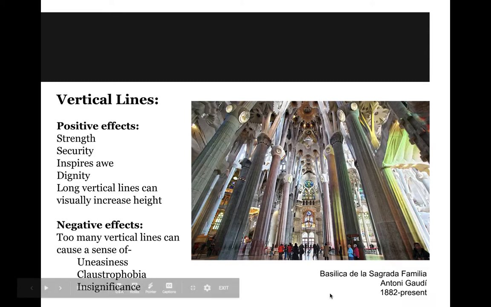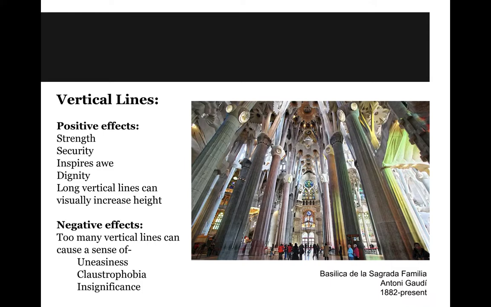All right, your third type of line. Vertical lines. So we have these really strong vertical columns here going up in the Basilica de la Sagrada Familia, which is an amazing cathedral if you ever get a chance to go see it. It's a fantastic one. Positive effects of vertical lines give a sense of strength, security, inspires awe, dignity.